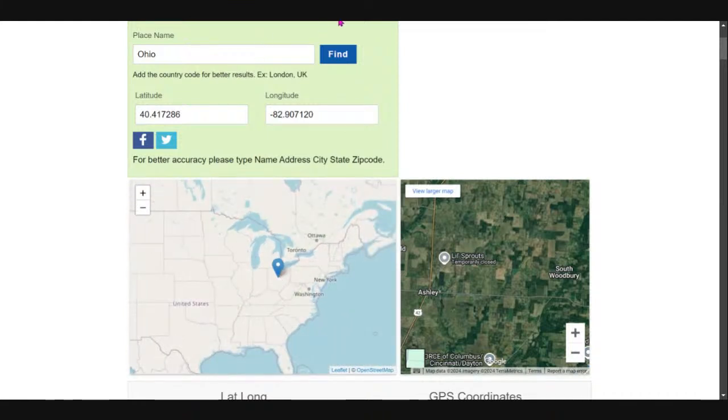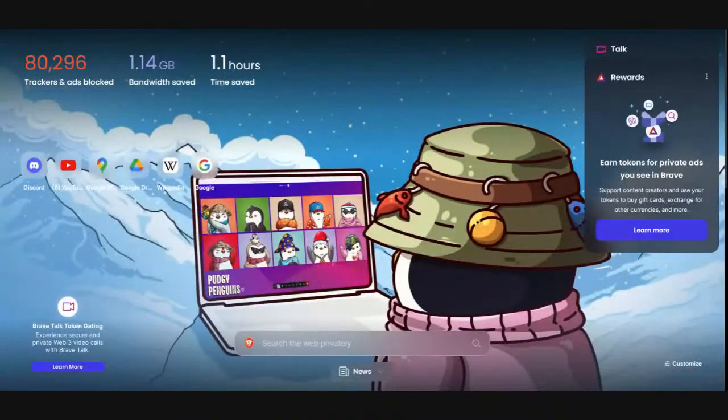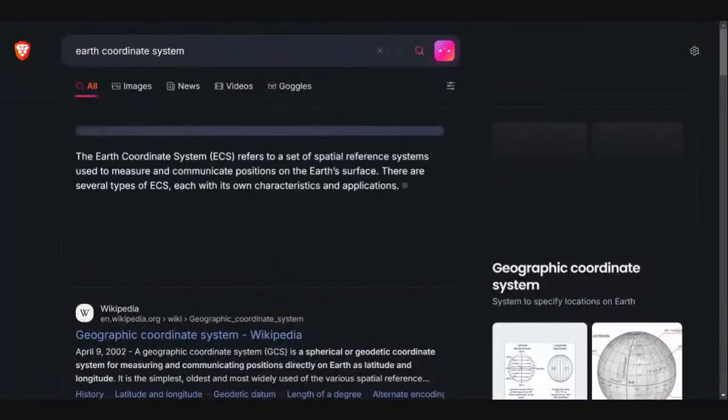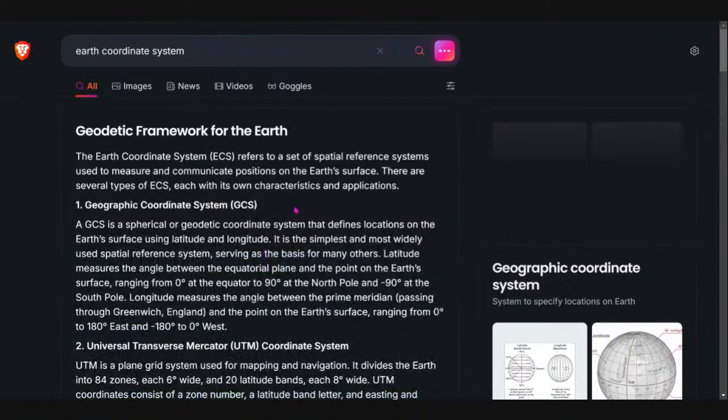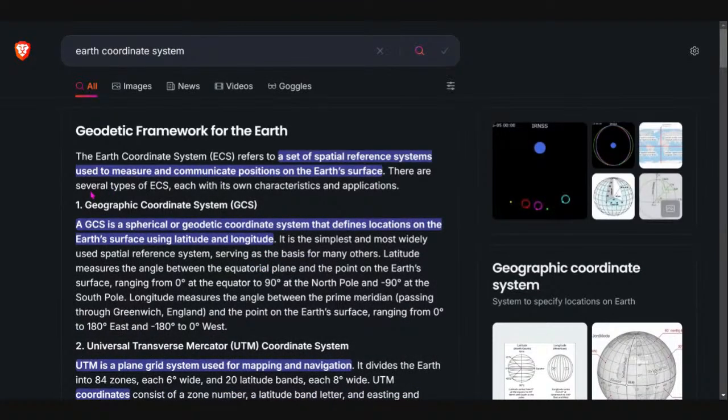So let's read about the coordinate system of the Earth. Earth coordinate system. All right, the Earth's coordinate system refers to a set of spatial reference systems used to measure and communicate positions.